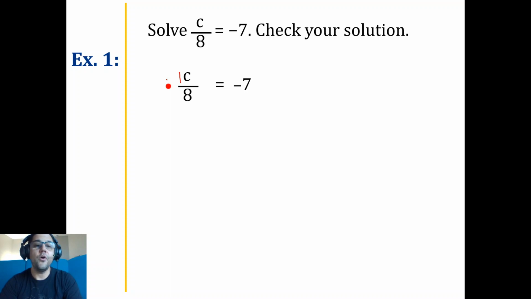So I'm going to put a little dot or parentheses, and I'm going to multiply by the reciprocal. So the reciprocal of 1 over 8 would be 8 over 1. I personally like using parentheses, and I'm going to do that on both sides.